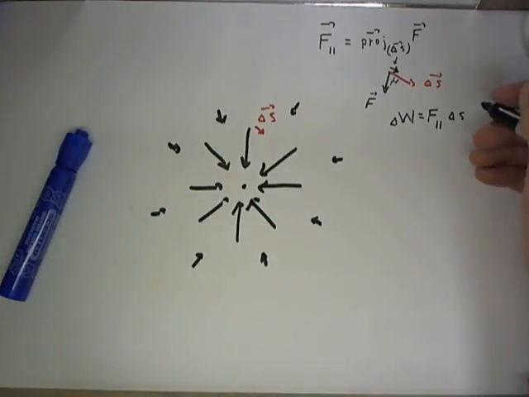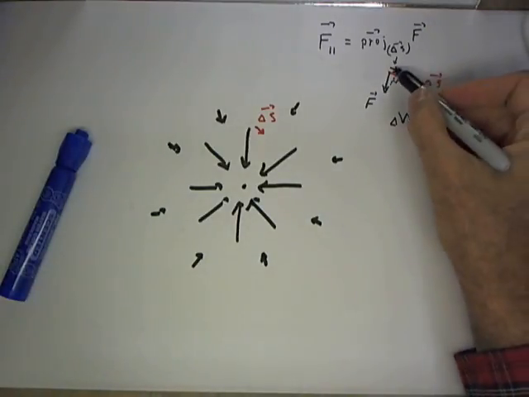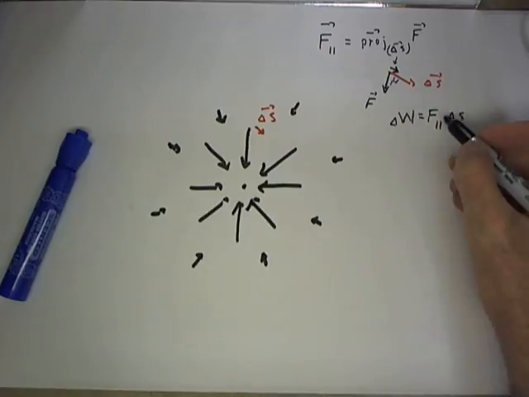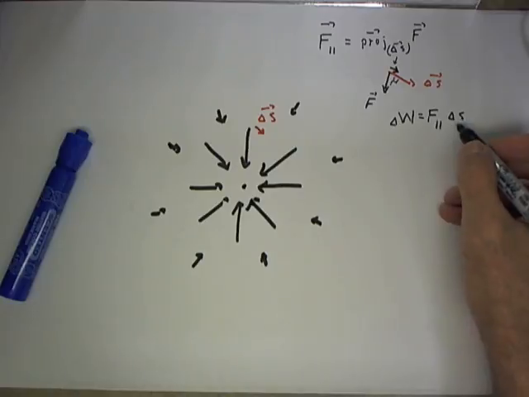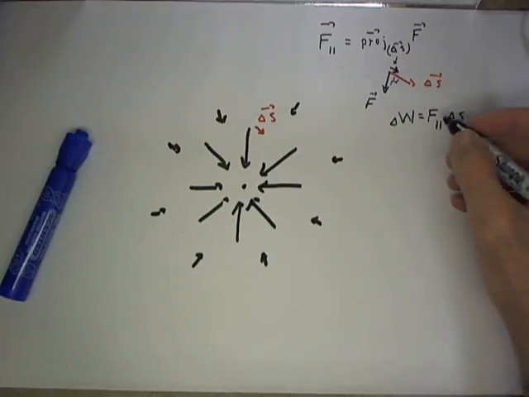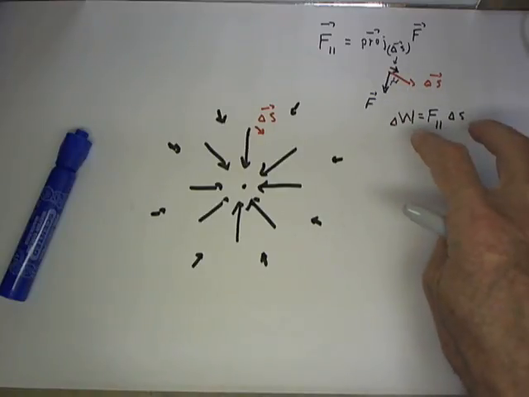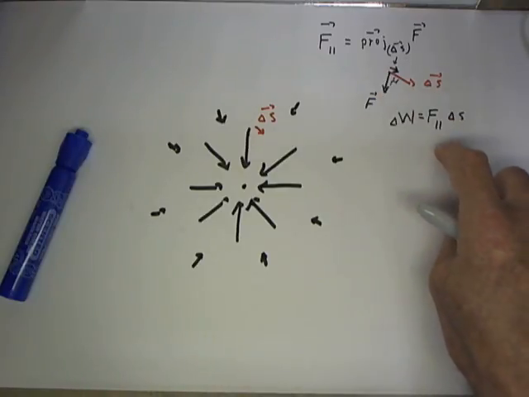And the sense in which that's so is, if F is in the same direction as delta S, then this work will be positive. If F is in the opposite direction, then the work is negative. Now, if you know a little bit of physics, you understand what we're talking about. Otherwise, just accept this definition.